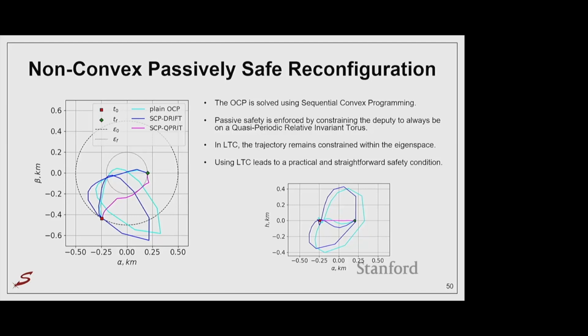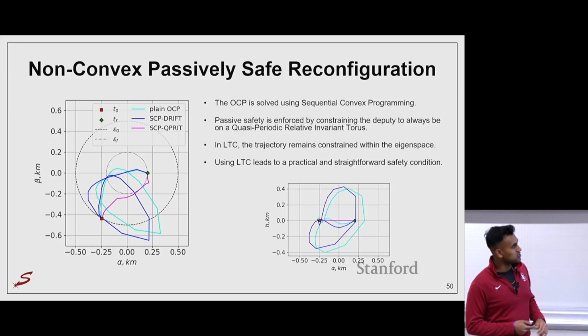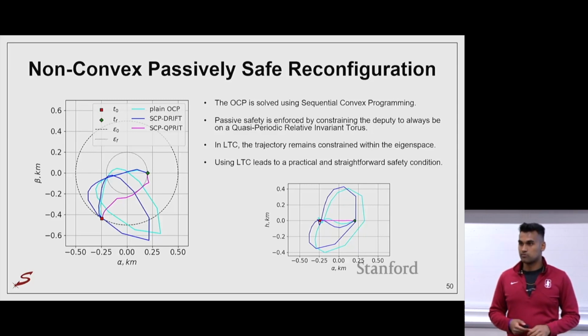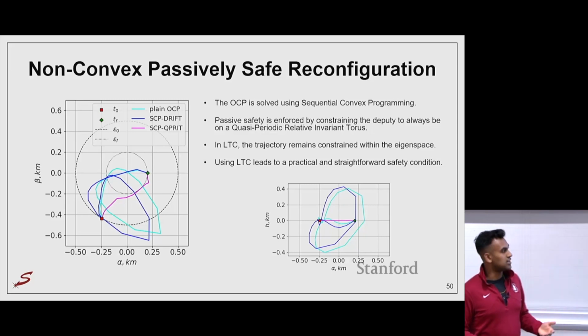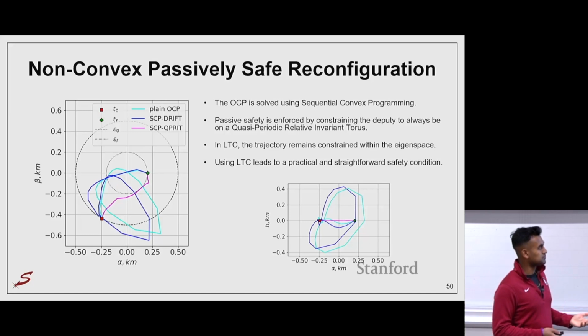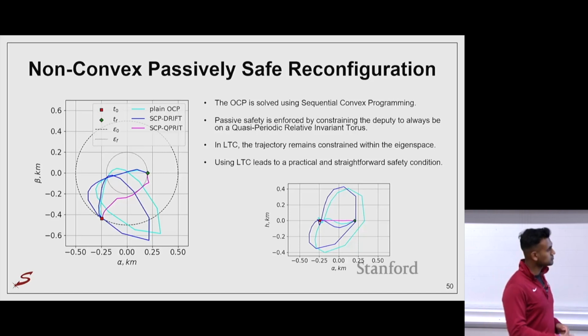It's always on a quasi-periodic orbit, a quasi-periodic torus, until it reaches its final terminal condition. So this is a pretty effective and practical way to set a safety condition by leveraging the properties of local toroidal coordinates.